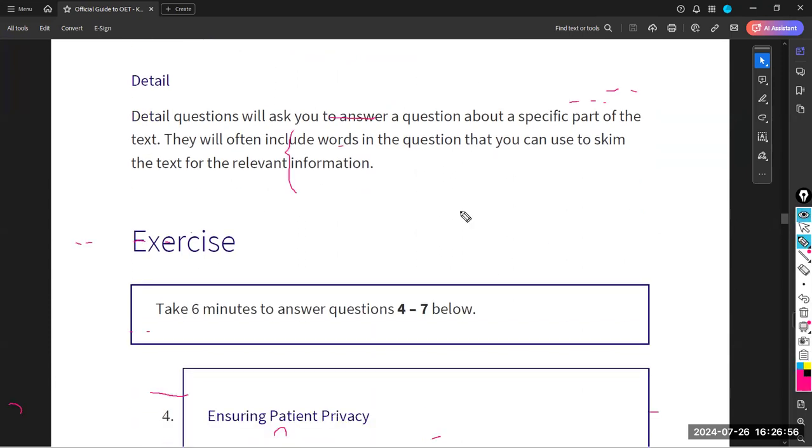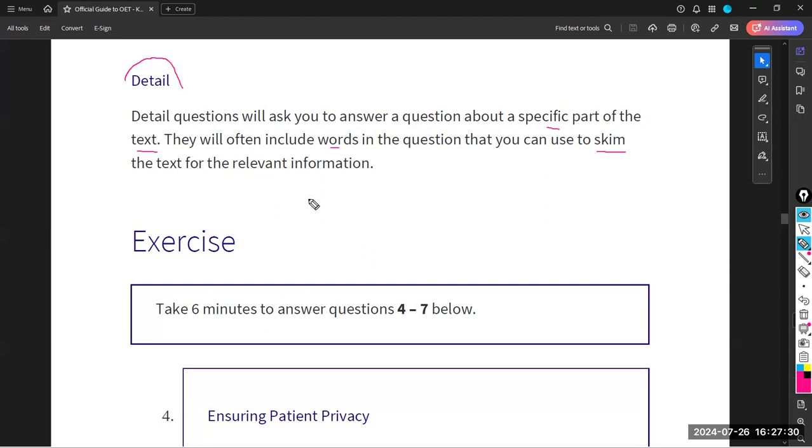Detailed questions will ask you to answer a question about a specific part of the text. This is extremely important because, as I told you, all the multiple choices are going to be mentioned in the text. Now, I have to read and search for specific information just to make sure about the answer. They will often include words in the question that you can use to skim the text for the relevant information. So this is about checking details.